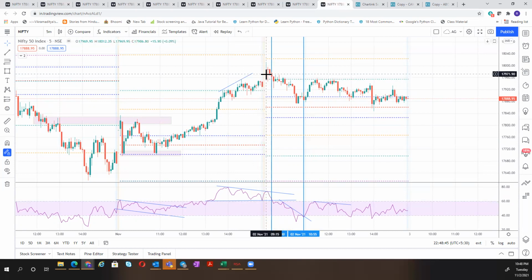So today at the opening, yes, it opened outside the previous day range based on pivot rules, above the previous day range and above R1, which are high probability trades to go long. You're not going to short. You will wait for price action, but RSI has cautioned you to wait patiently.